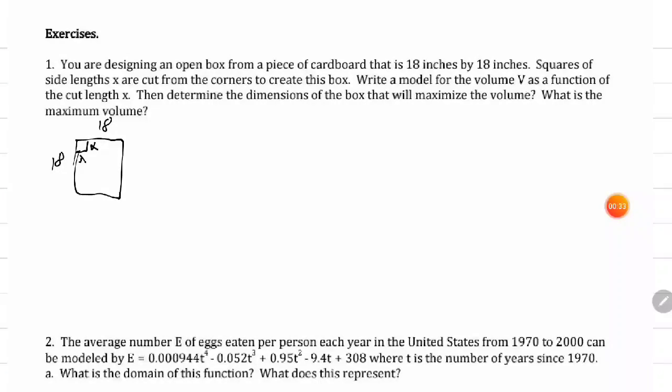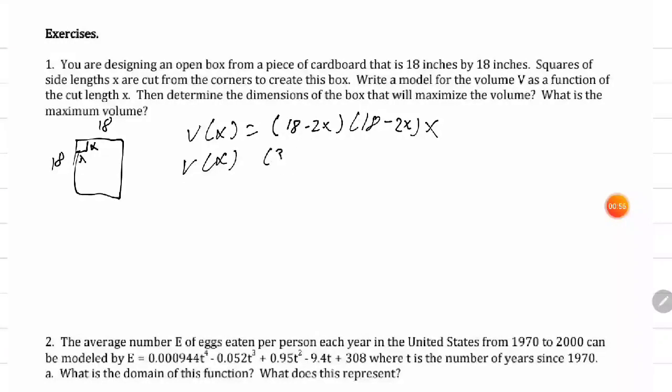So our volume is going to be length, which is 18 minus 2x. Width is also 18 minus 2x because it's the same. And then we have a height of x. So we multiply that out and get 324 minus 72x plus 4x squared.